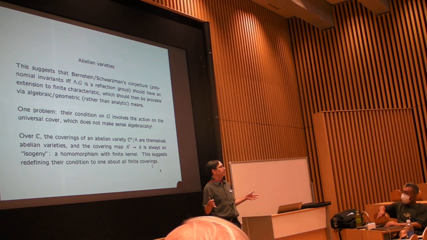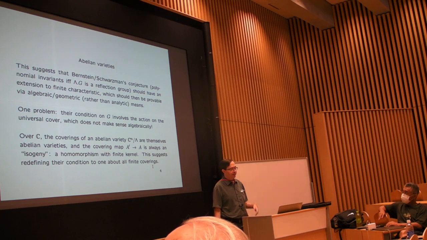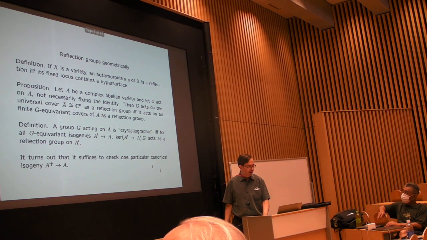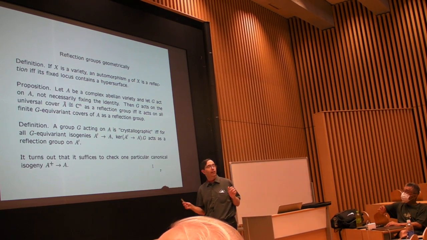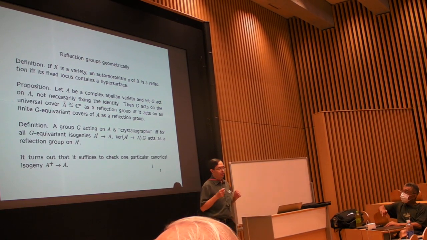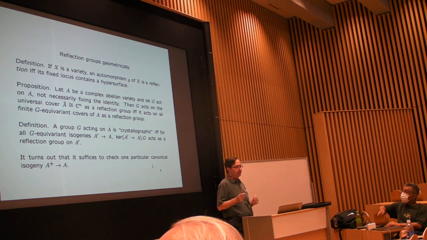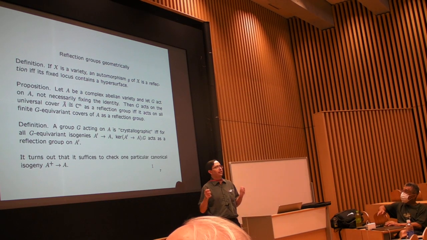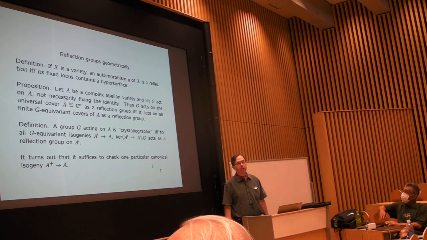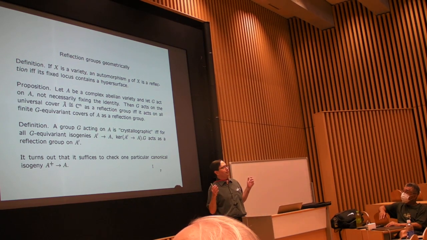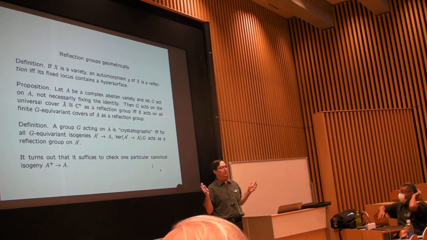in finite characteristic. And so let me define a reflection in complete generality. If you have a variety and an automorphism of that variety, it's a reflection if and only if its fixed locus contains a hypersurface. And then a reflection group acting on a variety is one that's generated by reflections.